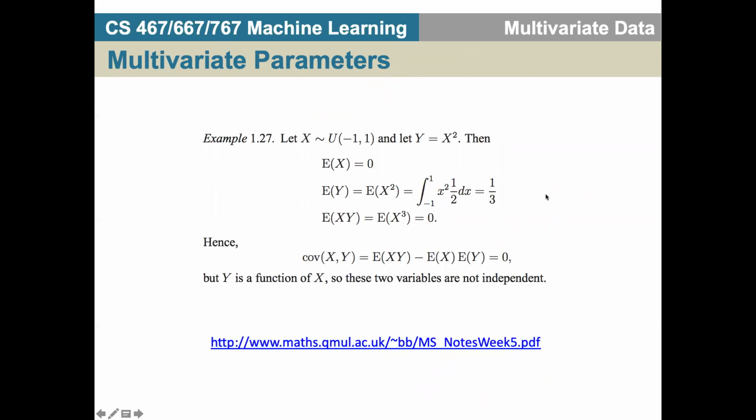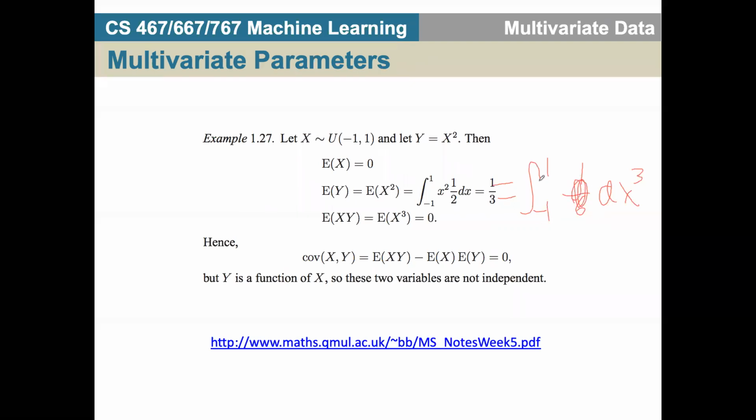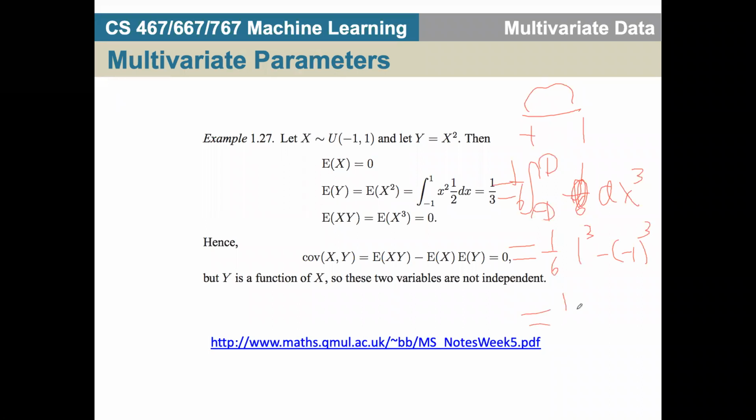Now that we have this, we have the integral from -1 to 1 of 1 by 6 dx cubed. Taking the integral, it's x cubed, so 1 cubed minus (-1) cubed. This gives you 1 by 6 times 2, which is 1 by 3.